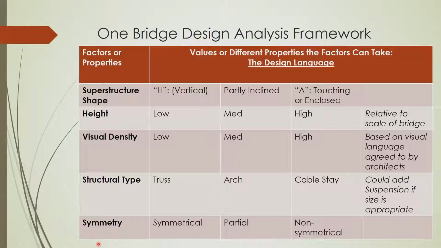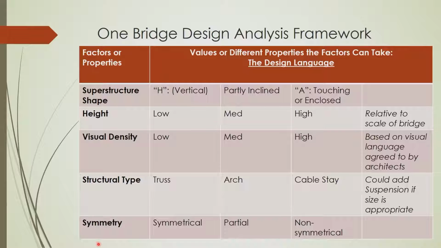And a moment's reflection on this will reveal that this does not completely define a design. It provides some design guidelines for a bridge designer or an architect to further refine. It characterizes the main properties of this design without specifying what the design is.